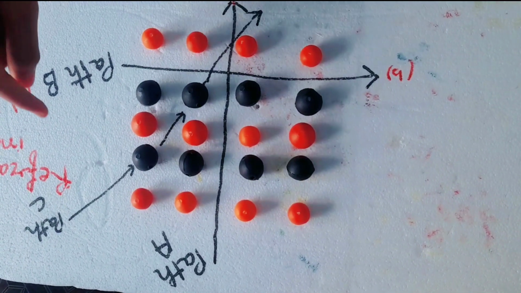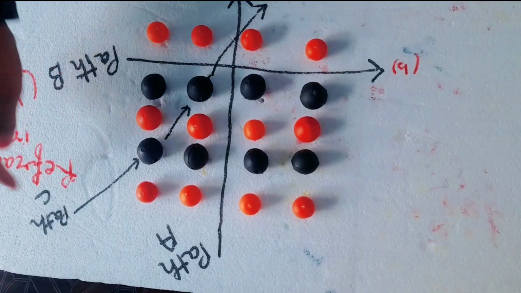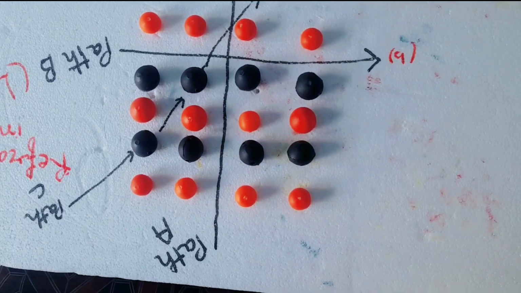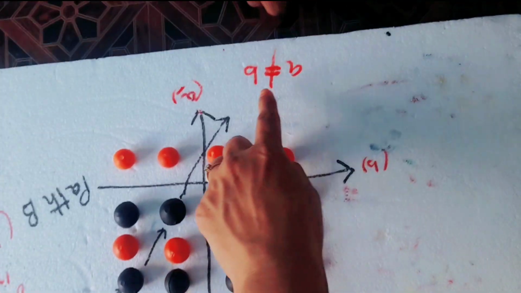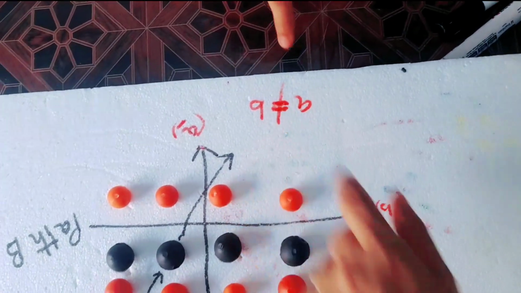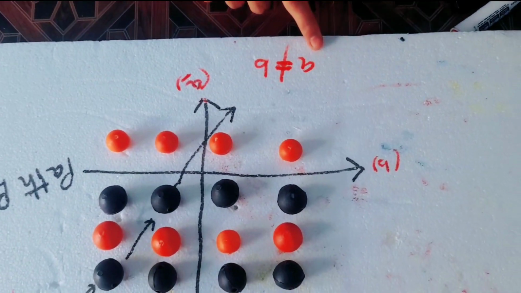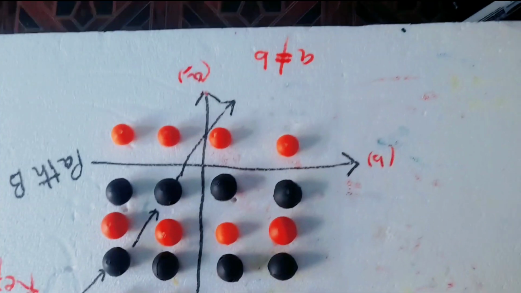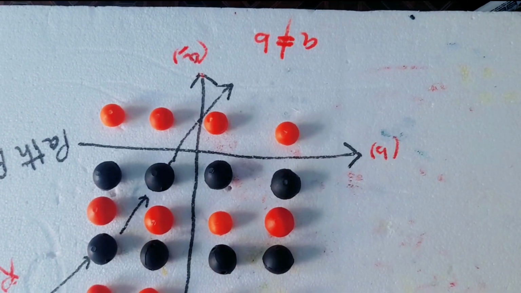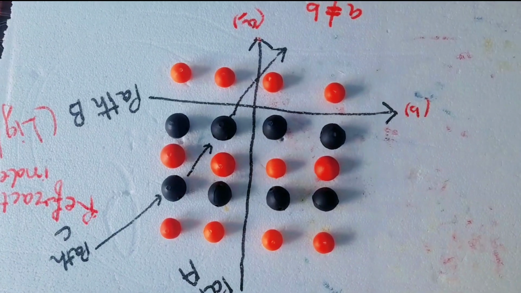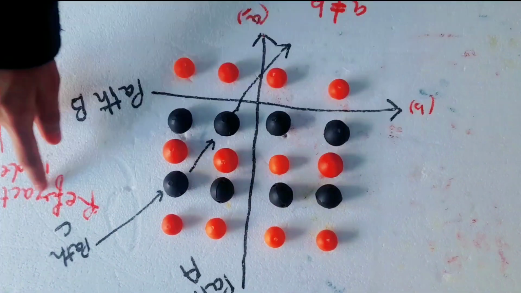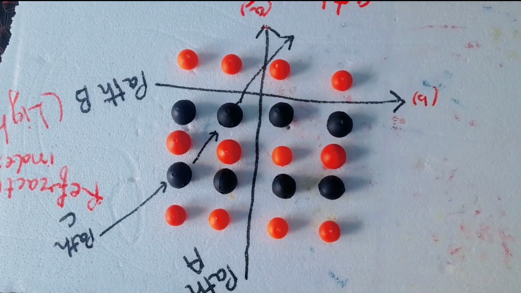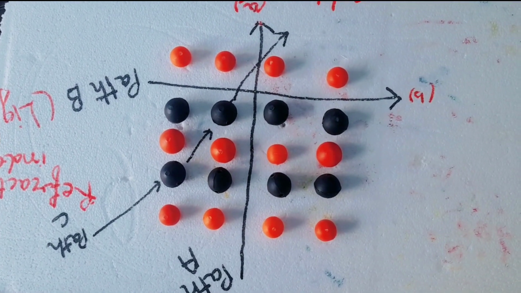So paths A, B and C are not the same, and path A is not equal to B. This is known as refractive index. The refractive index value, or speed, is different from one path to another.